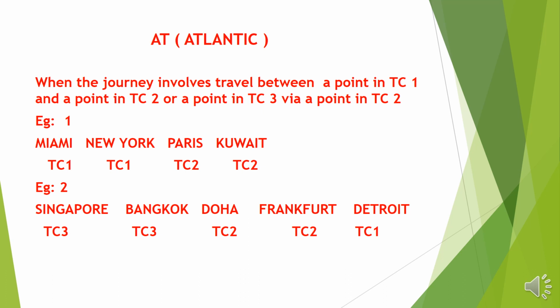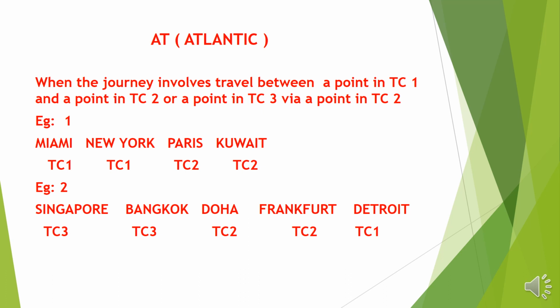Now, if you look at this example 1, if you are going to have, after Kuwait, a city in TC3, which is Singapore, which is in TC3, the global indicator will still remain Atlantic because from New York to Paris, the passenger is crossing the Atlantic Ocean. Example 2: Singapore is in 3, Bangkok 3, Doha in 2, Middle East, Frankfurt is in Europe 2, and Detroit in USA 1.